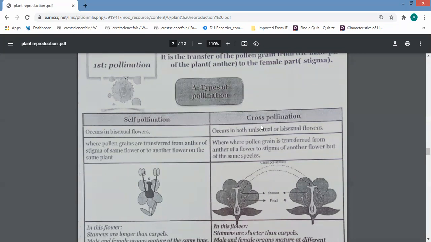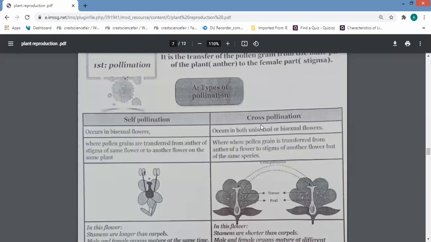Maybe the pollination occurs in the same flower. I mean the same flower, not the same type of plant. For all types of pollination, it must occur through the same kind of plant. I mean the transferring of pollen grains from the anther to the stigma requires transferring to the same kind of plant, same species.